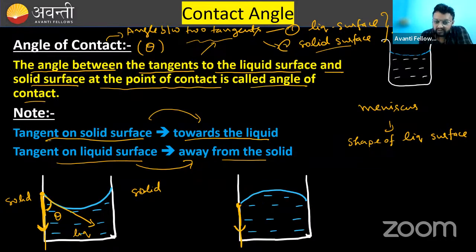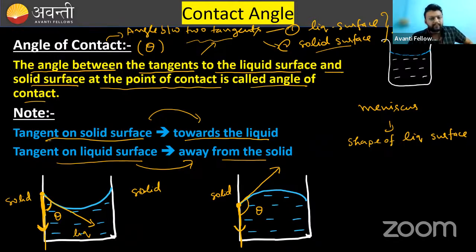The tangent on the liquid surface is this one, away from the solid. This is solid now. And this angle is known as the angle of contact. I hope you can draw the angle of contact now.